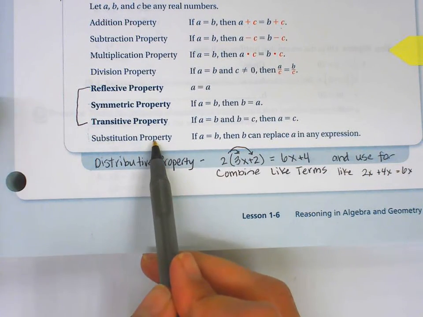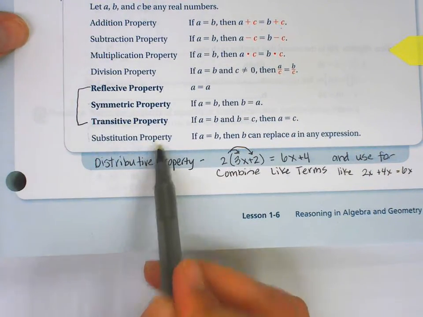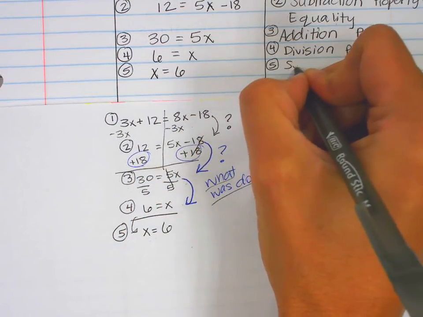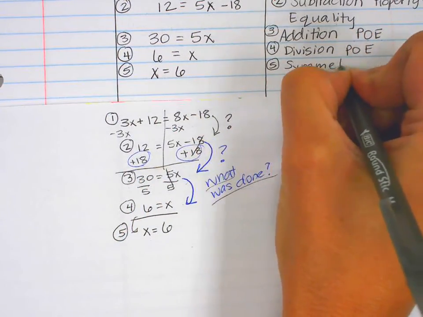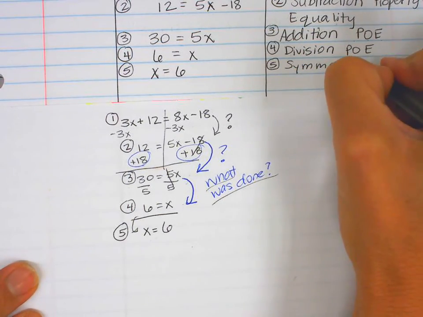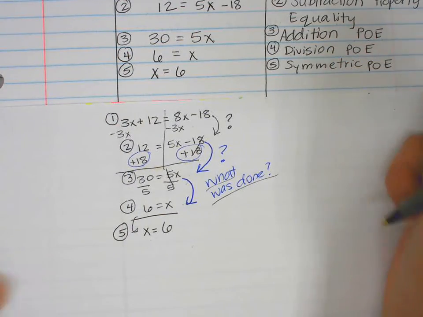Substitution property would be if I check my answer and make sure it's correct. There are other times we use it too, of course. So anyways, it is the symmetric property. Symmetric, and I can still put POE, property of equality. Okay, I think that's it.